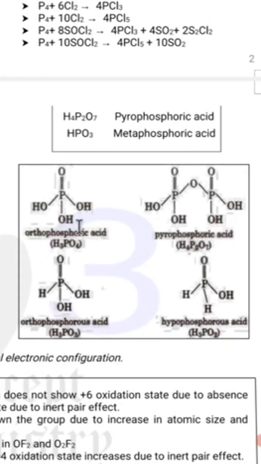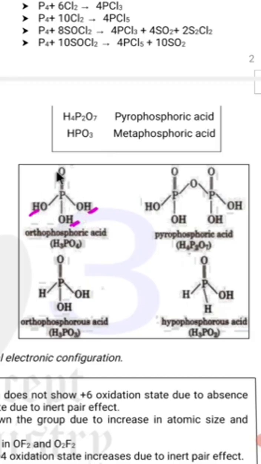This is phosphoric acid. There is a phosphorus oxygen double bond and OH. So basicity is the number of replaceable hydrogens, and those hydrogens can be replaced which are attached to oxygen directly, right?